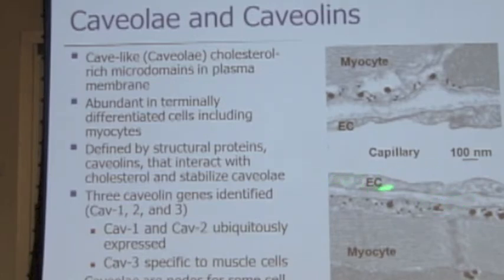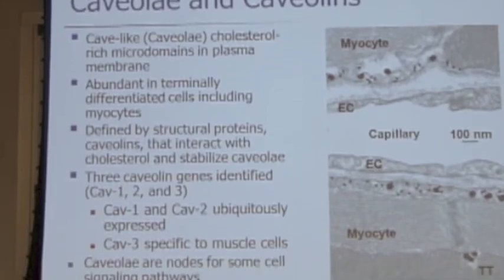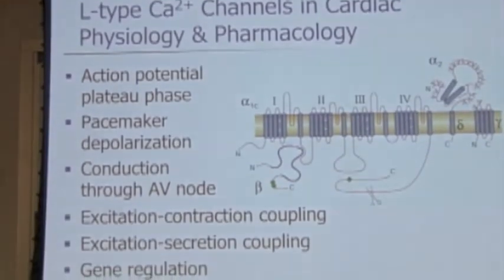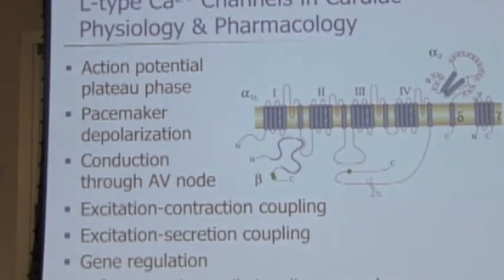But this shows there are many caveoli present in the endothelial cells lining the capillary that aren't labeled for Cav3. So that gives you an indication that caveolin 3 is a specific scaffolding protein present in ventricular myocytes and other muscle cells. And so we'll use that as a tool for understanding where channels are and how they can be regulated.